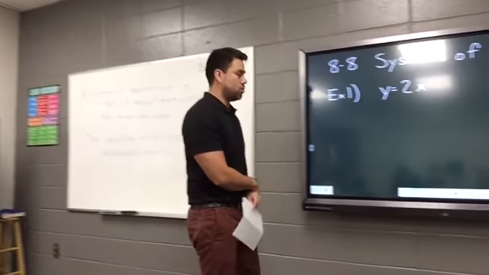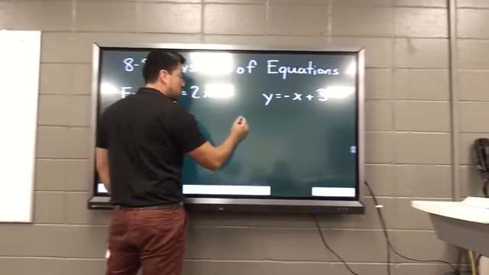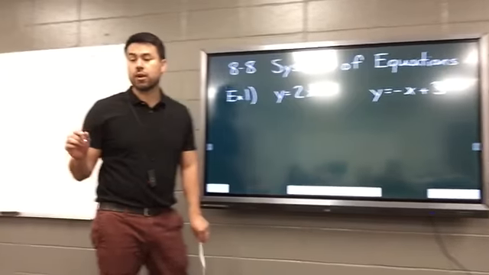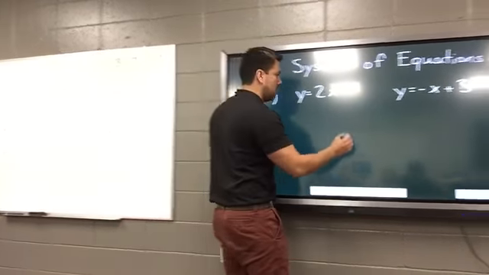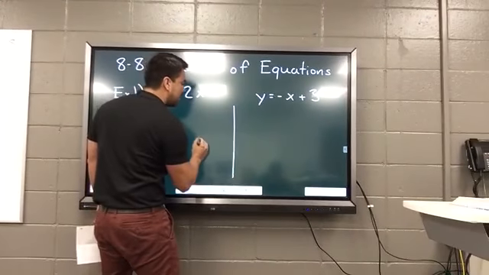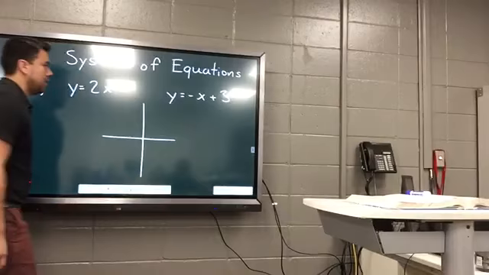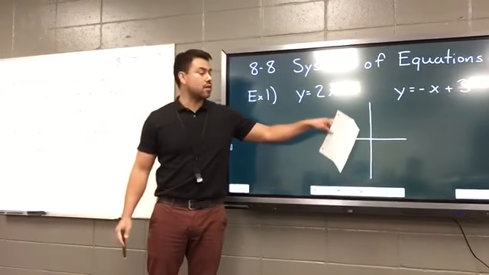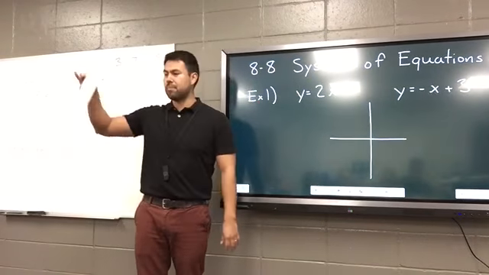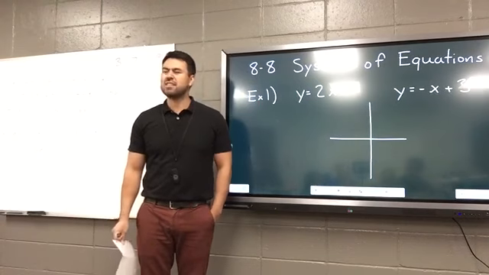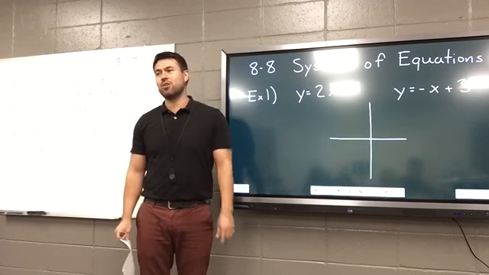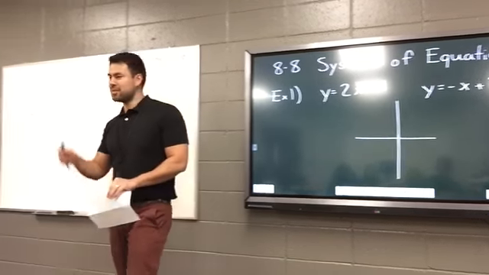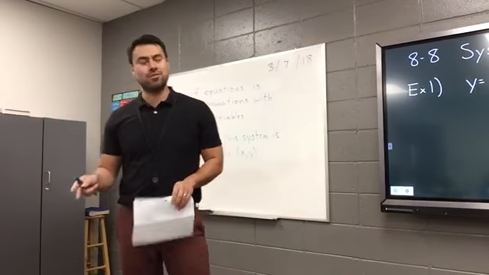What I want you to do is I want you to draw your coordinate plane. On your homework, I'm going to give you graph paper, but on the examples you can do it on line paper. I'm going to see how many of you feel that your graphs on your regular line paper are pretty good. Okay, this is going to show me if they really are or not. We're going to be able to say, yes, that's pretty good, or no, we need to work on that.